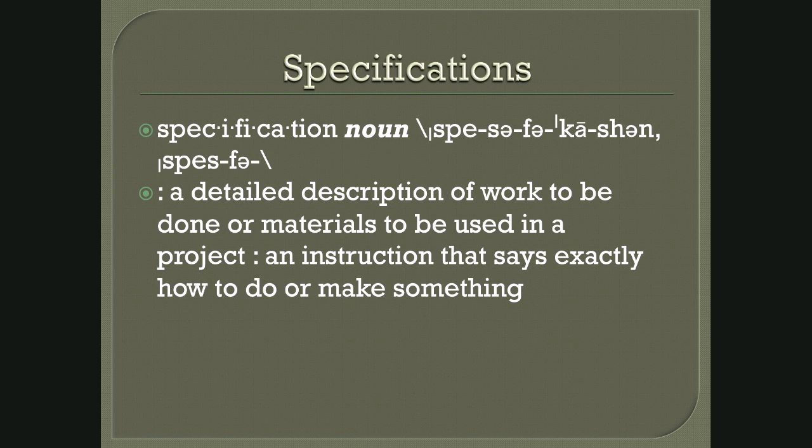So specifications are a written, detailed description of the work that's to be done on a project. It gives you instructions on what the object number is, what its title is, what the material construction is, how it's to be stored on site, how it's to be used, who you're purchasing it from.